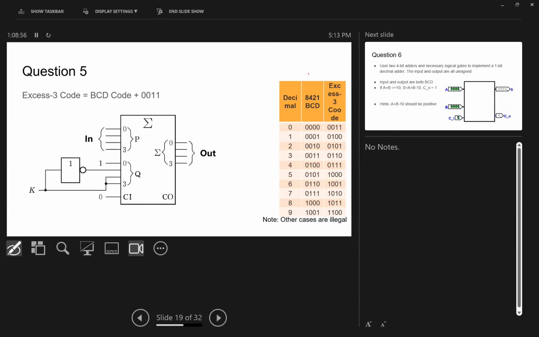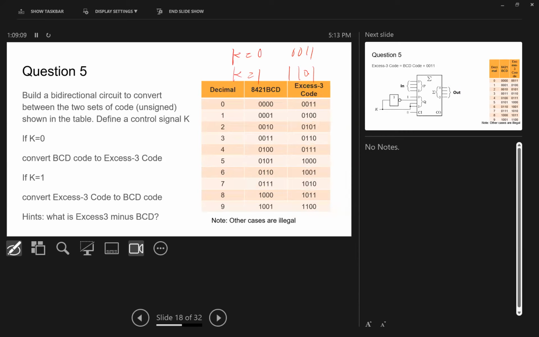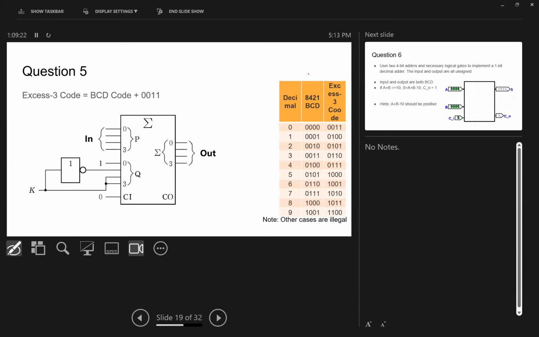And when k is 1, bit 3 and bit 2 are 1, bit 1 is 0, and bit 0 is 1, corresponding to 1, 1, 0, 1. It's just corresponding to -3 in 2's complement. So after we do the addition, we can get our expected result.